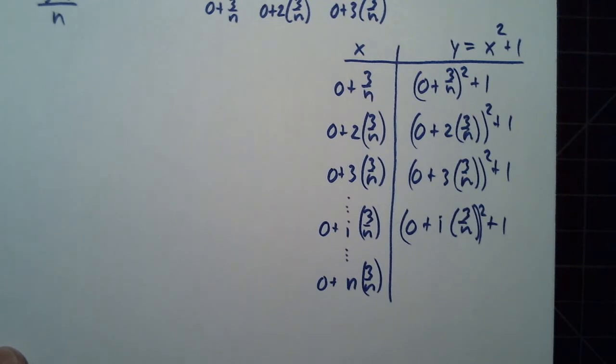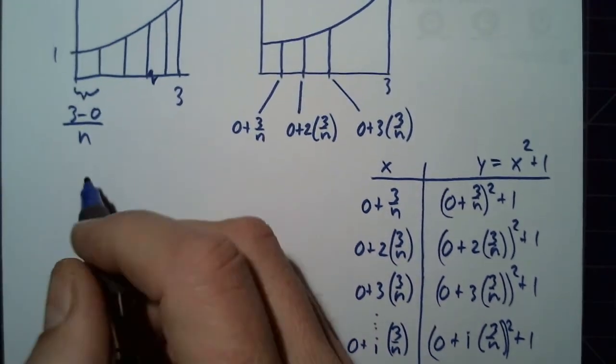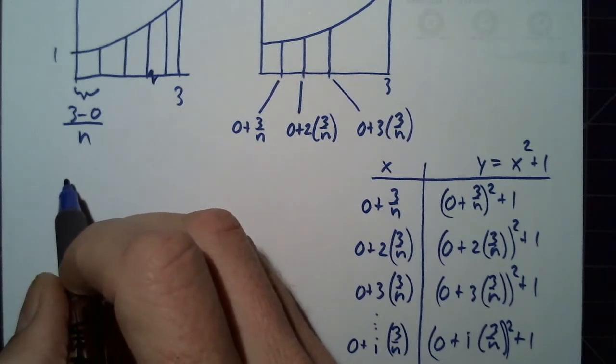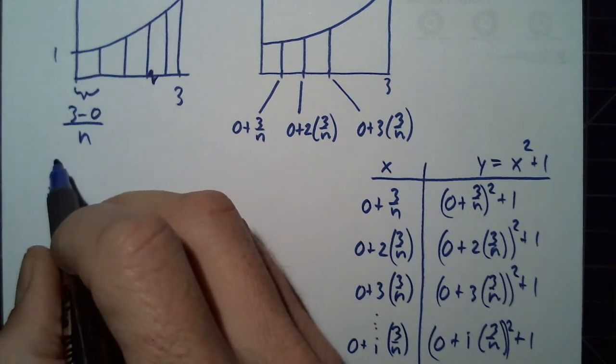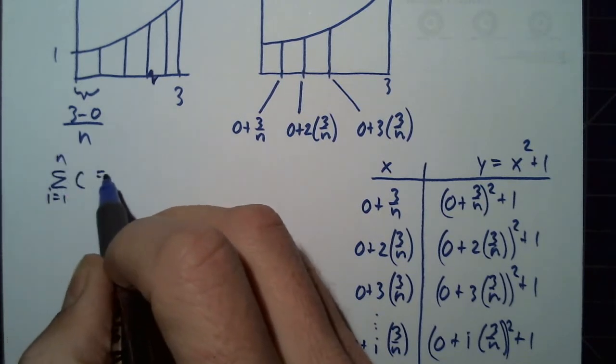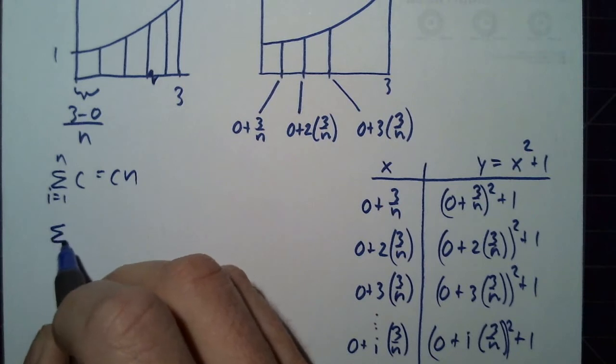Now let's look at an expression for area. And before we continue, we need to review this. The summation from i equals 1 to n of a constant c is n times the constant.